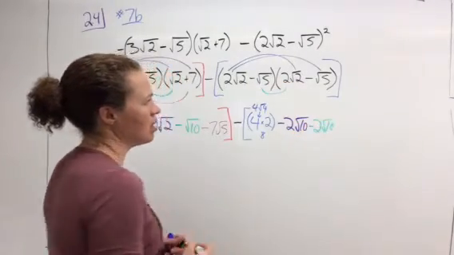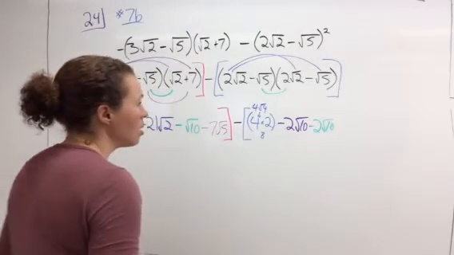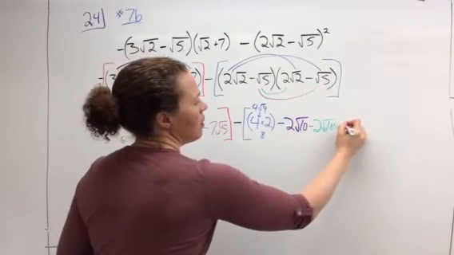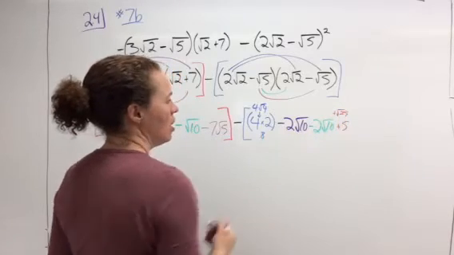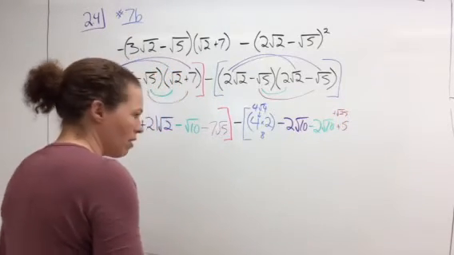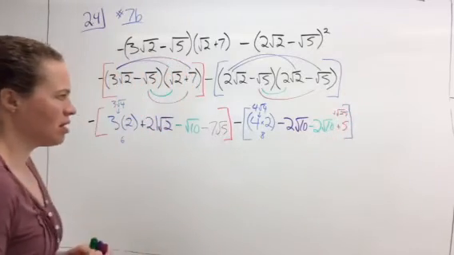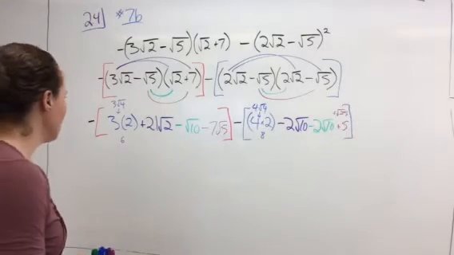So I got 2 of those guys. And my last is going to be negative root 5 times negative root 5, which is positive 5, because it would have given me positive root 25. And that's going to conclude that one, so we'll just close the brackets. You can see this gets pretty drawn out here.